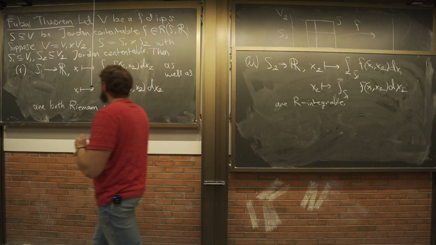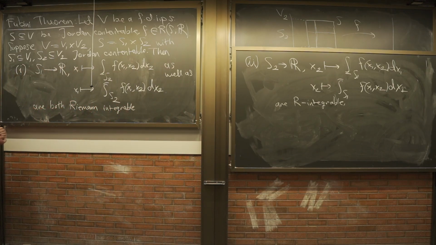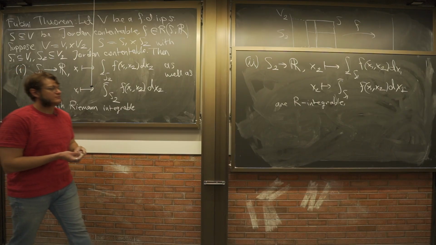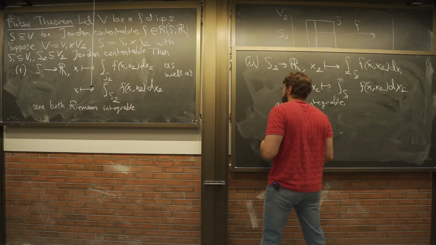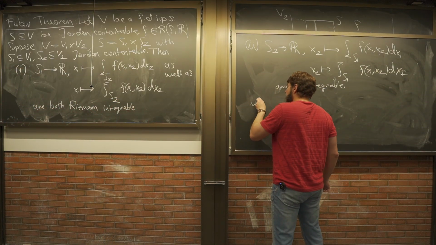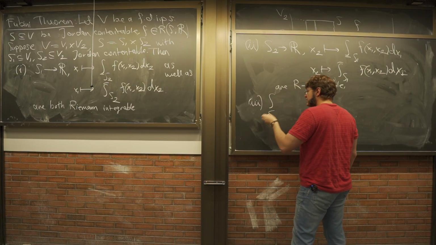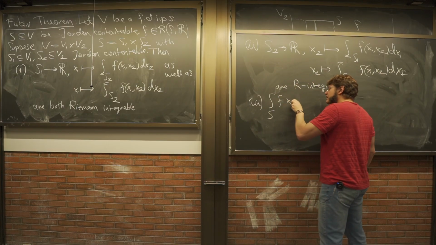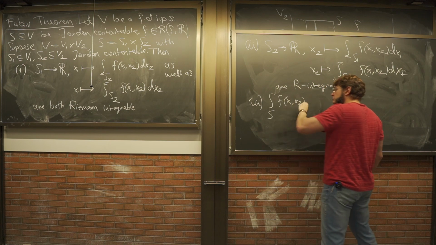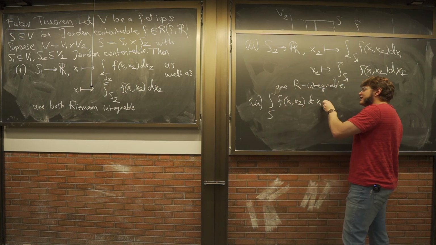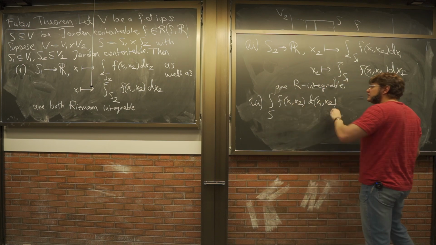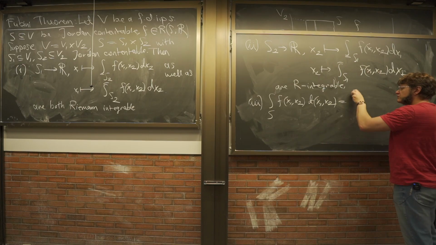And 3, of course, the integral of f is equal to the integral of any one of these functions, which we could write like so. Integral over S of f of x1, x2, dx1, x2. Let me just write one of these for simplicity.